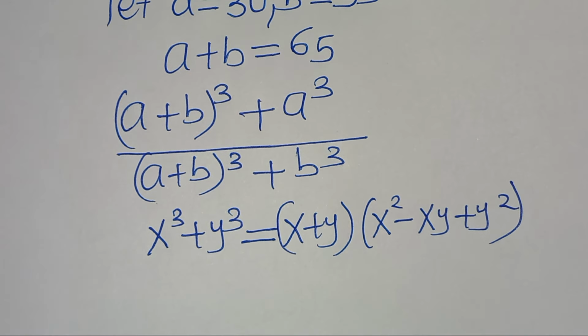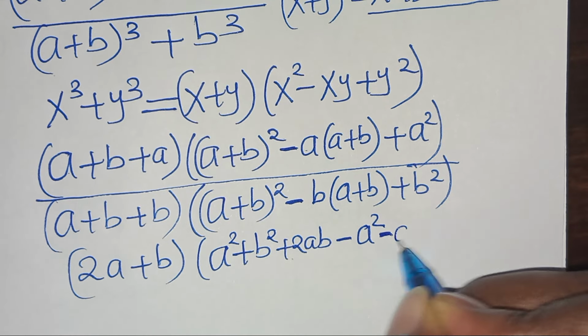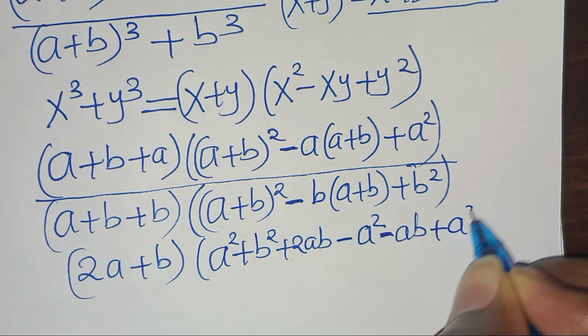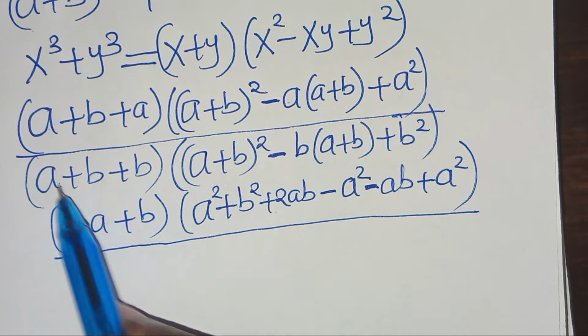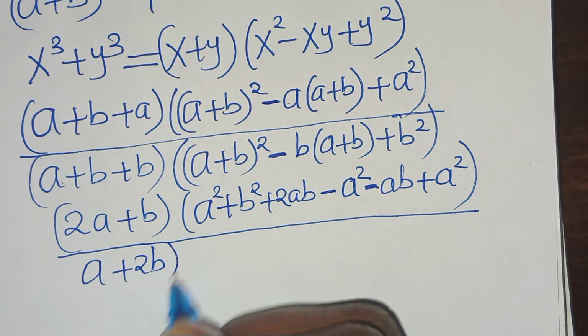So applying this identity, this is the same thing as a squared plus b squared plus 2ab, subtract a times a, this is a squared, minus a times b, minus ab, then plus a squared, divided by, now in the denominator here, we have a plus a plus b, so this is a plus 2b.